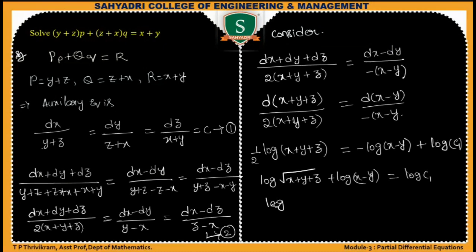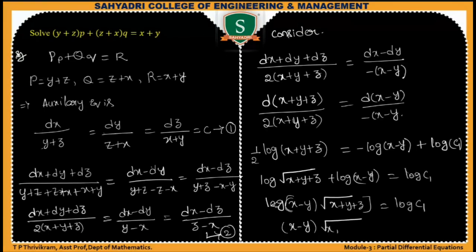So (x minus y) into root of (x plus y plus z) is equal to log c1. So log gets cancelled. (x minus y) into root of (x plus y plus z) is equal to c1. Or we can take it as uv also, no problem. So take this as equation 3.